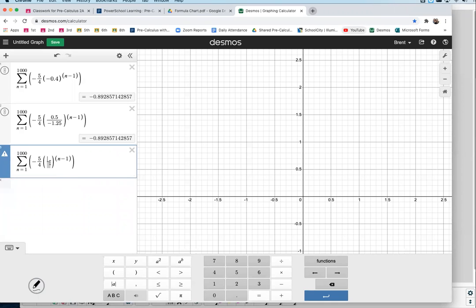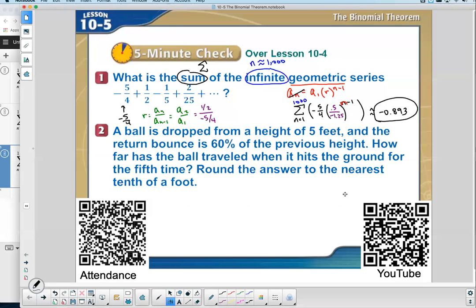Like when you press divide the first time, that 1/2 is on the top and then the negative 5/4 is down below. If you were going to do it this way, it kind of gets tricky though. And then it would give us the same solution. So there's number 1. That's how I would go about solving that one.